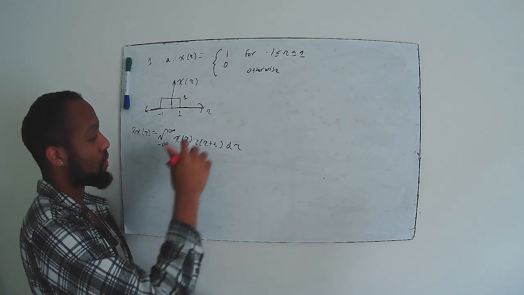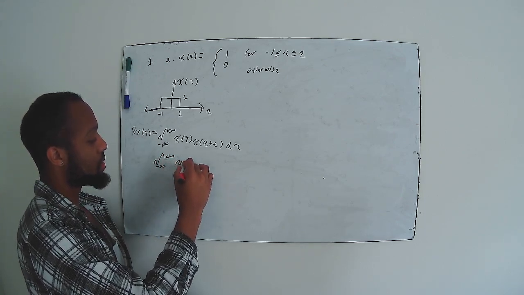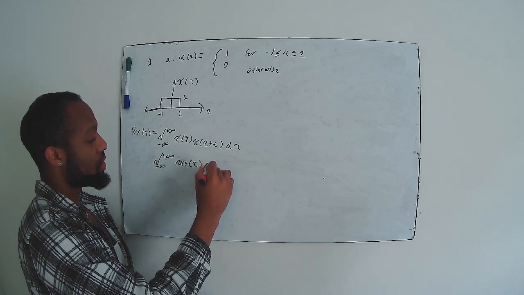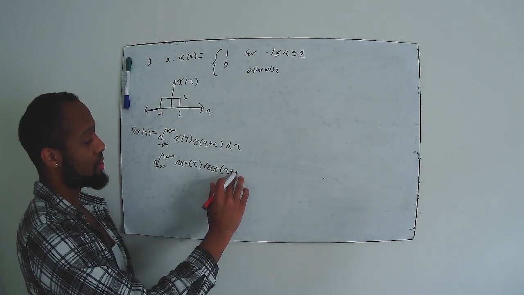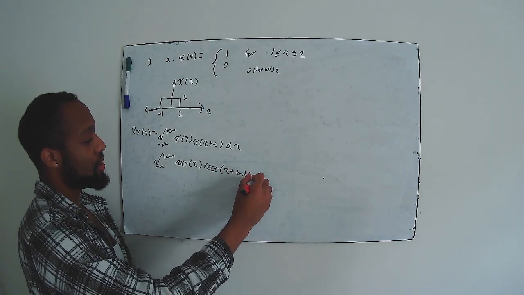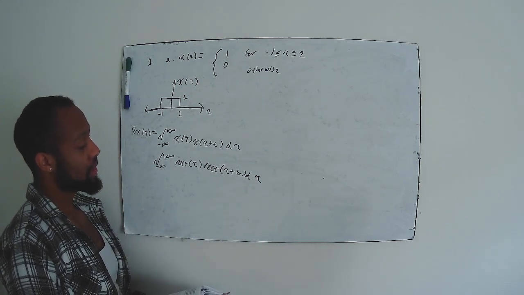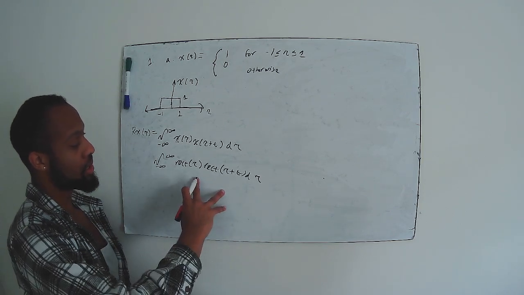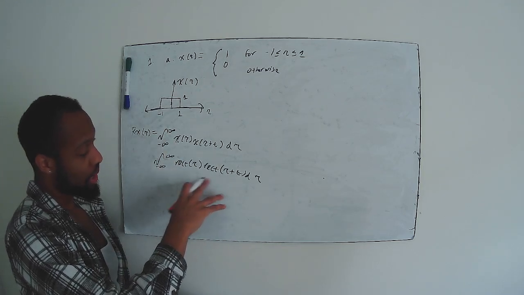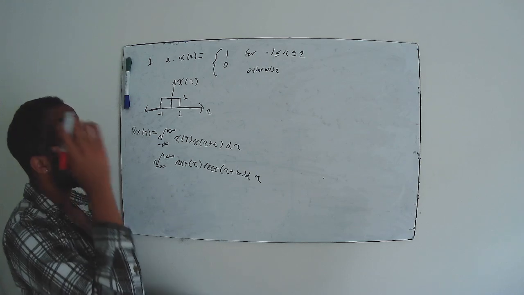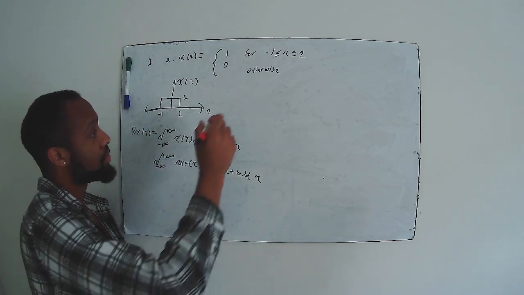Well, that's going to be a rect of tau times rect of tau plus t, dt d tau. And when you multiply these two together, this is the same thing as doing convolution. A rect convolved with a rect is going to be a triangle.